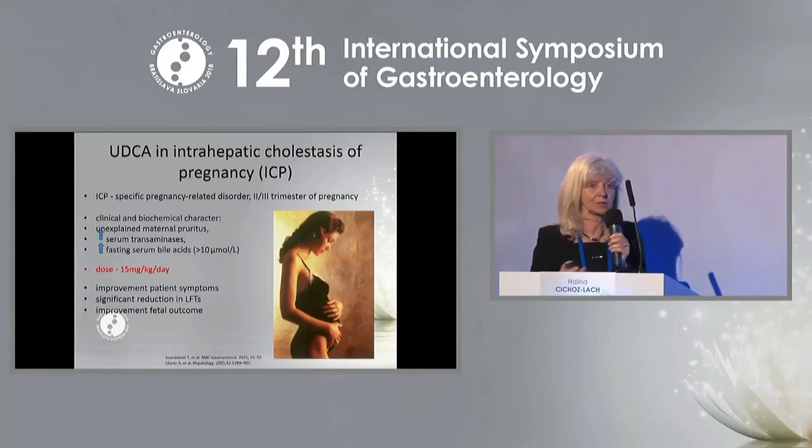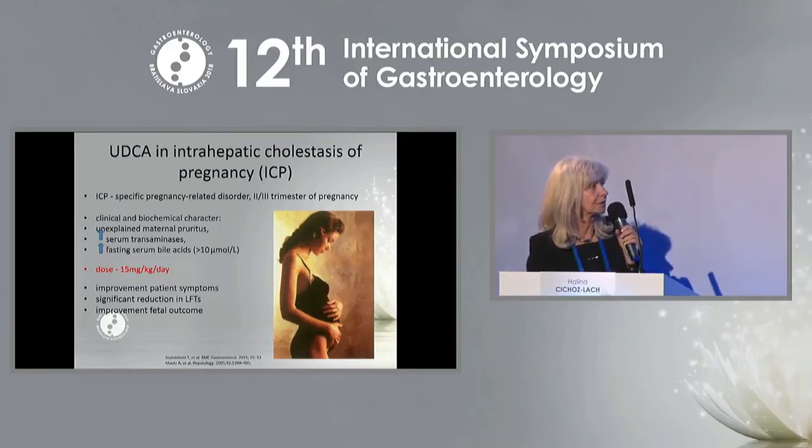However, it was impossible to present much more information concerning this topic. We know that UDCA can be applied in cholestatic forms of DILI, sometimes in alcoholic liver diseases, and in many congenital biliary diseases.